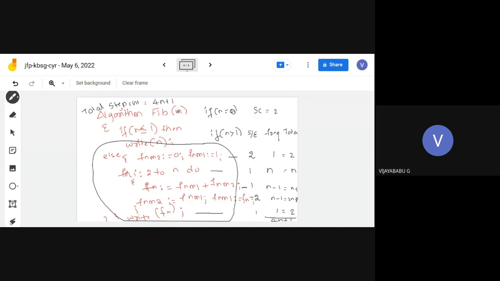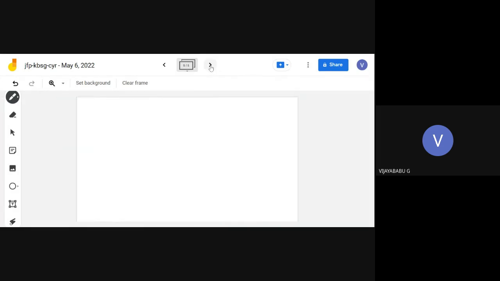So it is in the form of, again, the higher degree term is n to the power 1. We are going to consider that as a constant times n. So we are going to consider this part to be in the order of n. That's how we find the step count for the non-recursive algorithm shown there.